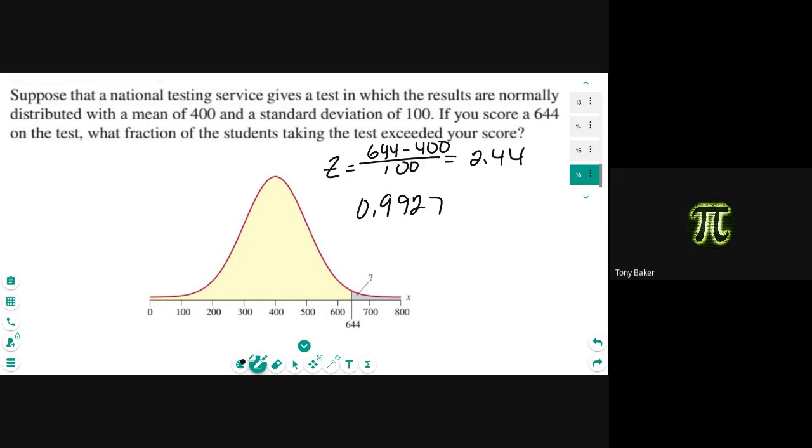But that's the other direction, right? So I'm going to do 1 minus that. So the probability that Z is greater than or equal to 2.44 is 0.0073, so 0.73%. If you got a 644 on your SATs in either section, only 0.73% of all people who took the test scored higher than you.